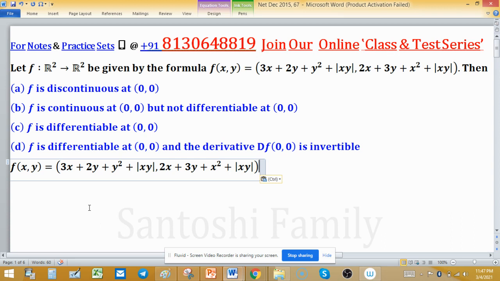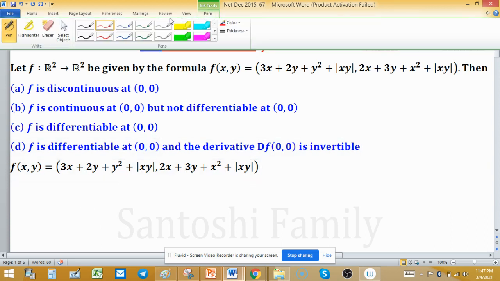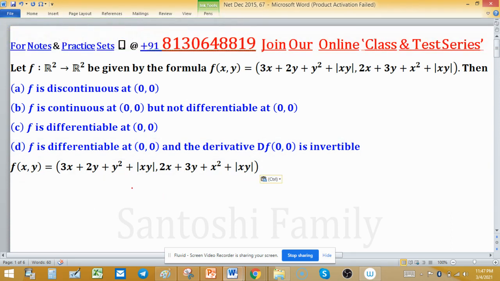As the function structure is given by this expression, you can see the mod or absolute function is involved in this. Whenever an absolute function is involved, break it for positive value and negative value. If x and y both are greater than 0, then there is no change in this structure.